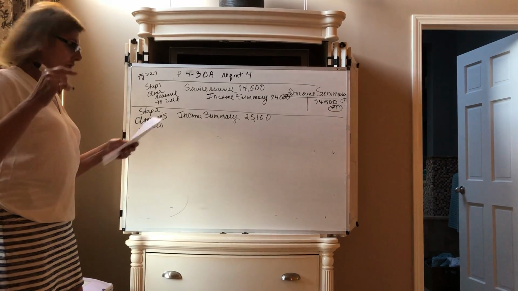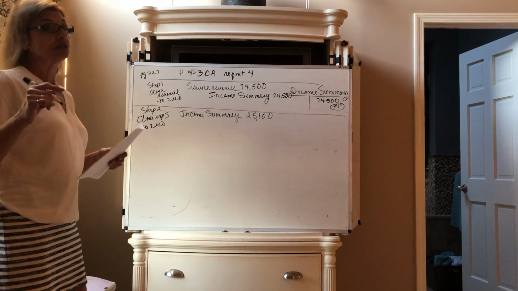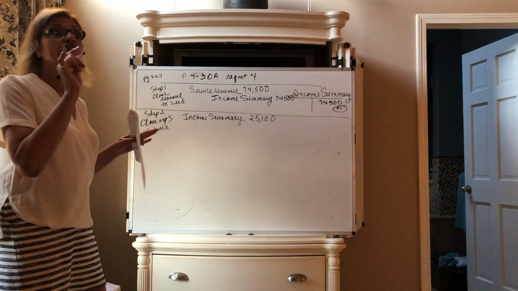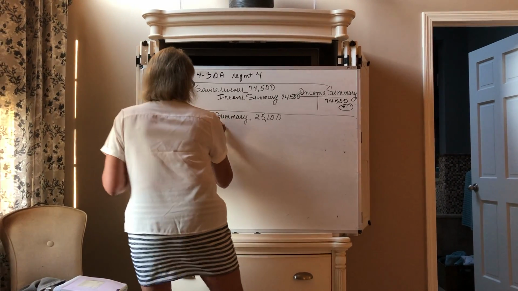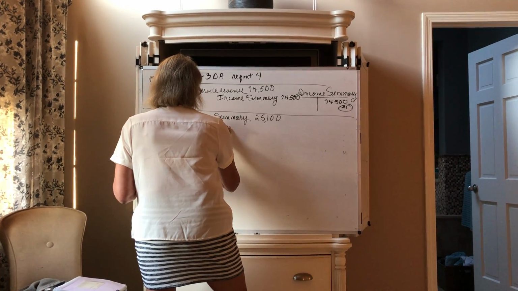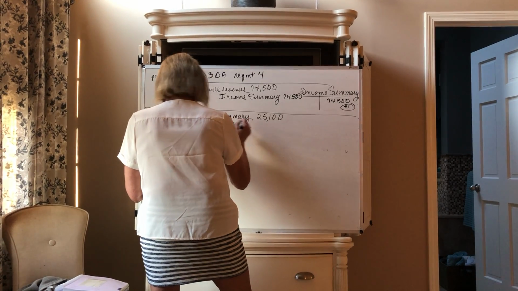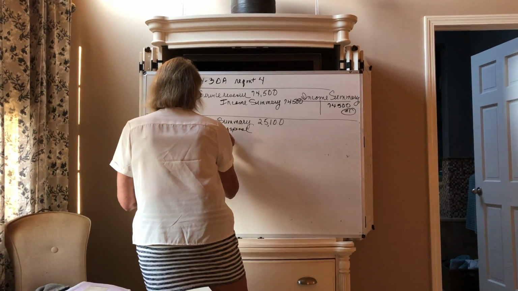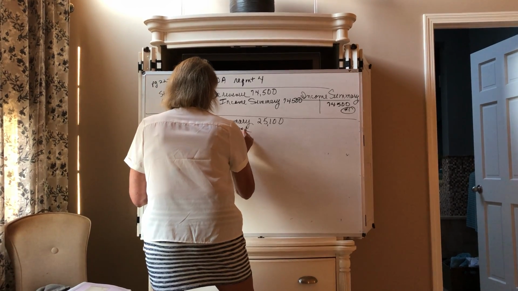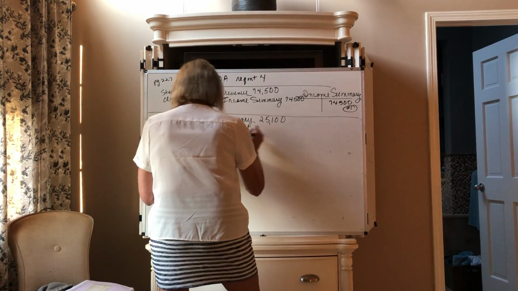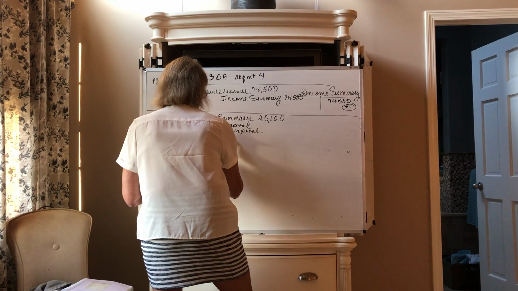But we do have to close all 6 of those expenses to 0, so I'm going to try to write small. Okay, insurance expense, and we have salaries expense, I'm going to abbreviate, and then we have supplies, all the usual suspects.